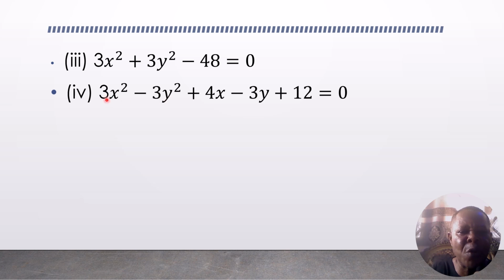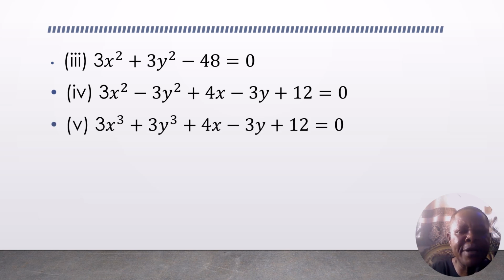Since the 2 coefficients are not equal, this equation is not a circle. 5. 3x cubed plus 3y cubed plus 4x minus 3y plus 12 is equal to 0 is also not a circle because the highest power of x here is 3 and the highest power of y here is 3. Hence, it is not a circle.